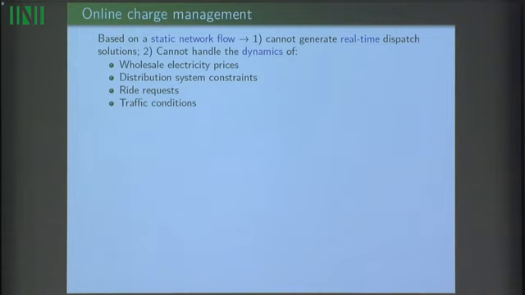Okay, so as I said, static network flow models are not the best technique to handle real-time dispatch solutions. I have these vehicles that essentially have to be sent around. That's a 0-1 decision, right? And these models are not really great at handling dynamics, and a lot of things in this picture are dynamic, right?